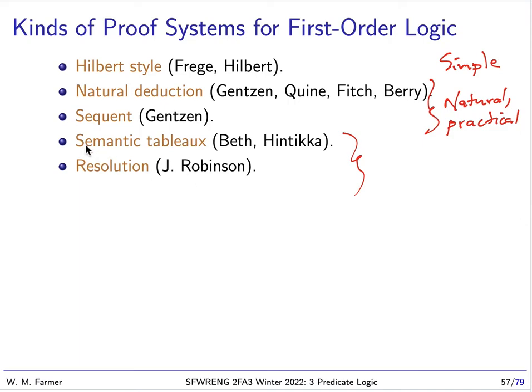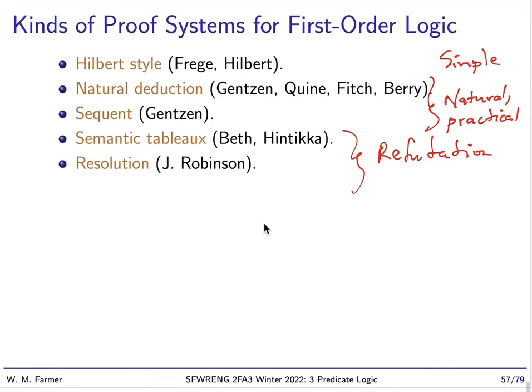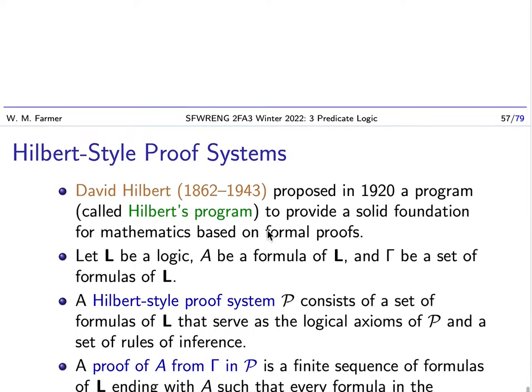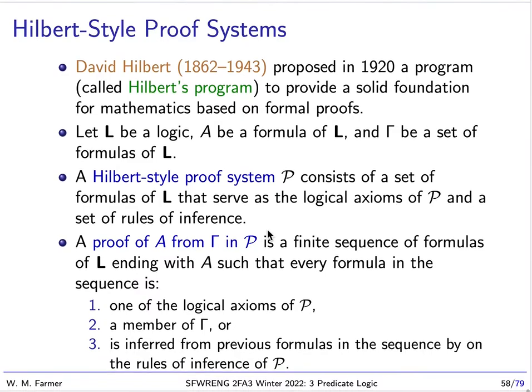And these two, semantic tableau and resolution, are refutation systems. What that means is, instead of proving a formula, we refute the negation of the formula. Basically, we show that if we have the negated formula, we can derive a contradiction. Now we're going to talk today about Hilbert-style proof systems.